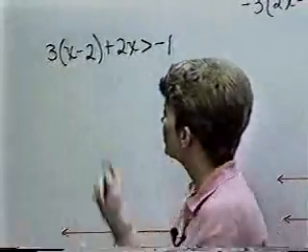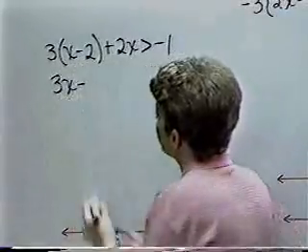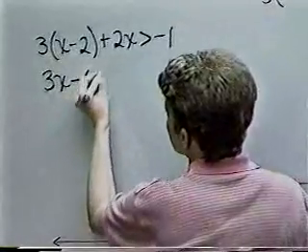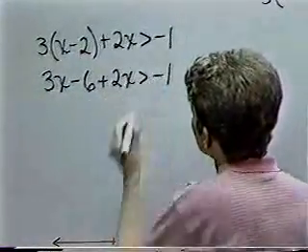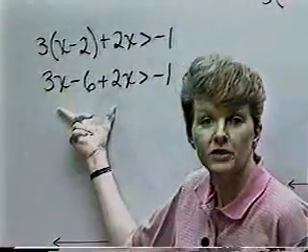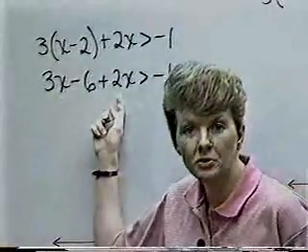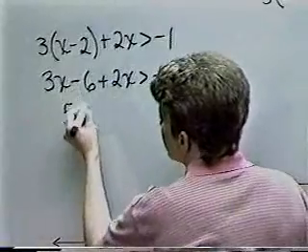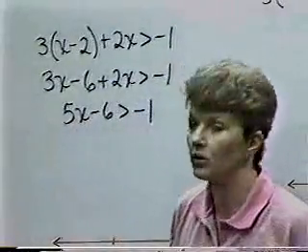That would be 3 times x, or 3x, minus 3 times 2, or 6, plus 2x is greater than negative 1. Now notice I have a couple of like terms I can combine, so let's do so. 3x plus 2x is 5x, so I have 5x minus 6 is greater than negative 1.